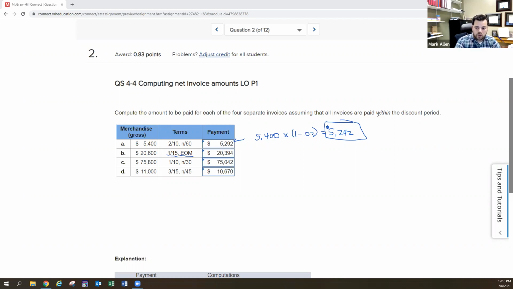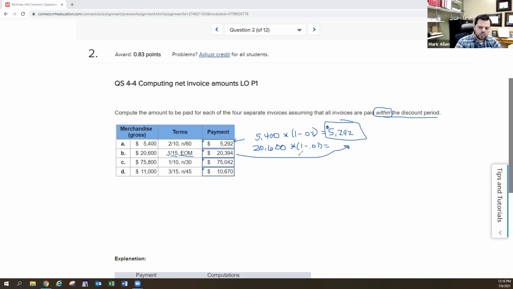So assuming, notice, that this is paid within the discount period on each of these, then this calculation is simply 20,600 times 1 minus 0.01. And when you do that, that will give you the 20,394 that we see right here. So this is the way that we're going to work through each one of these.